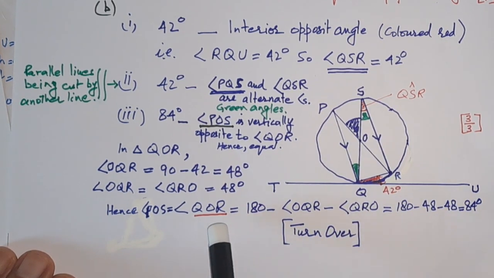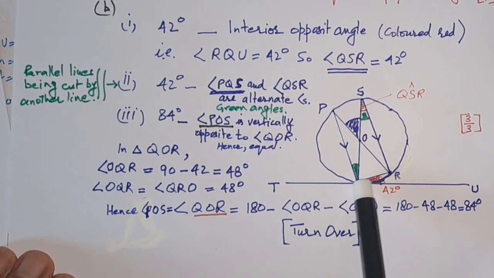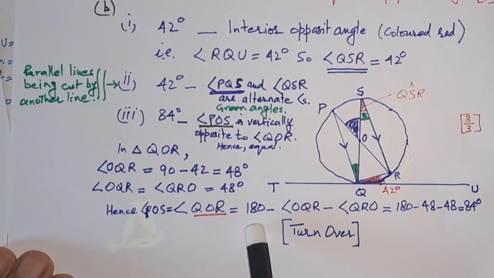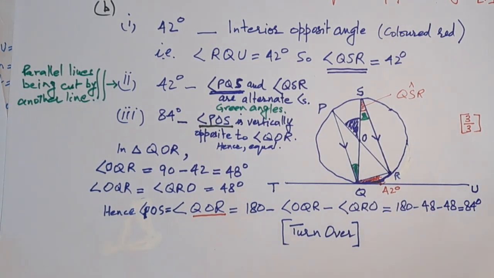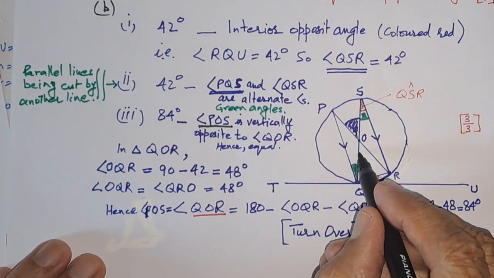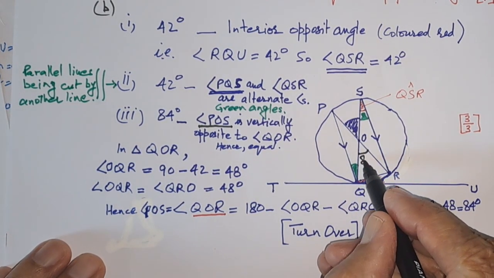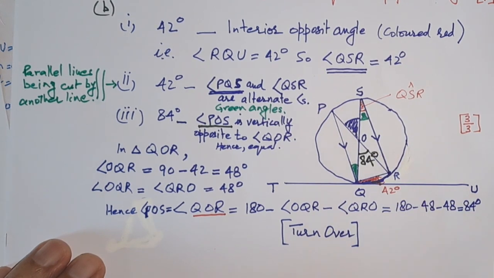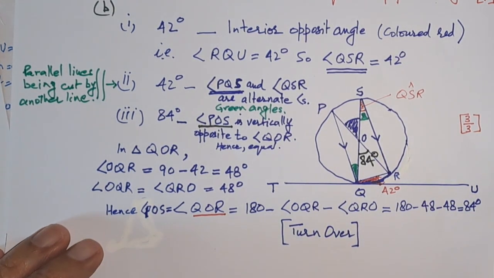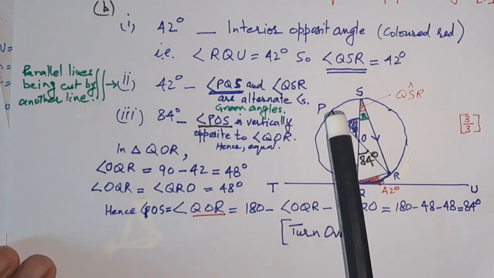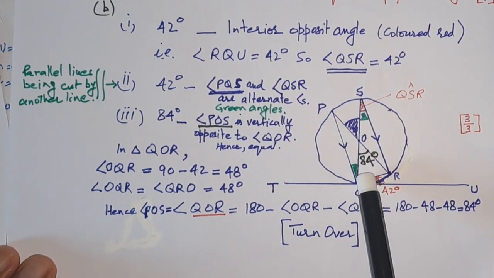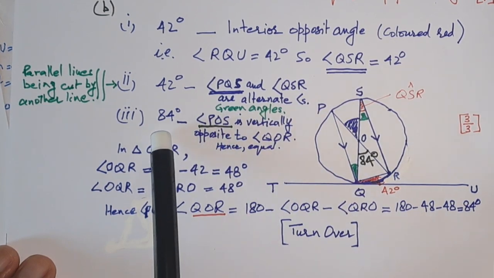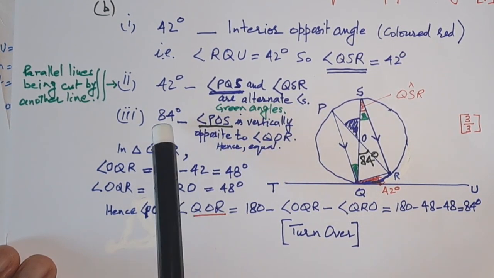Because this is a triangle, its interior angle sum will be 180 degrees minus the two angles, 48 degrees and 48 degrees. This angle works out to be 84 degrees. And we were actually required to find out POS. Now POS is vertically opposite to 84 degrees, so we write down angle POS is 84 degrees.